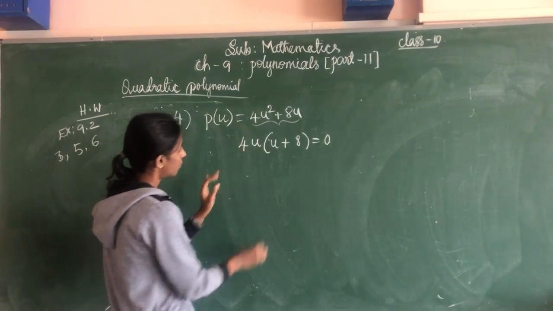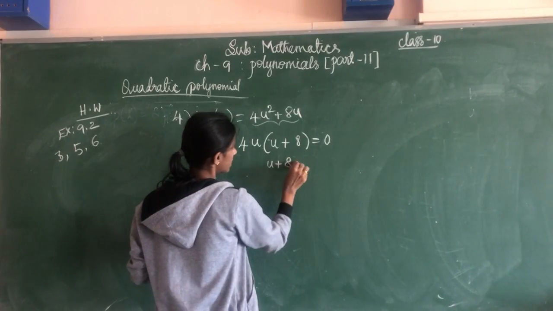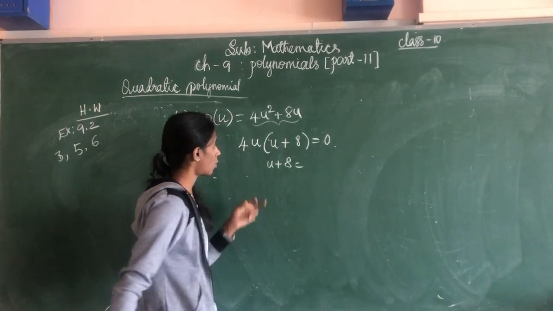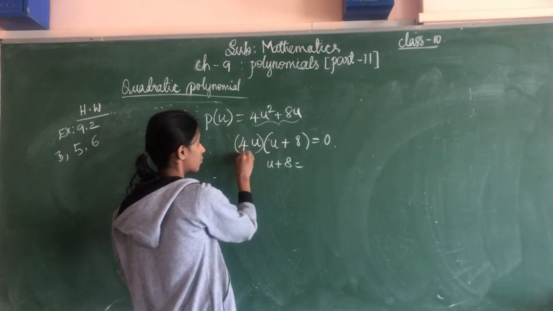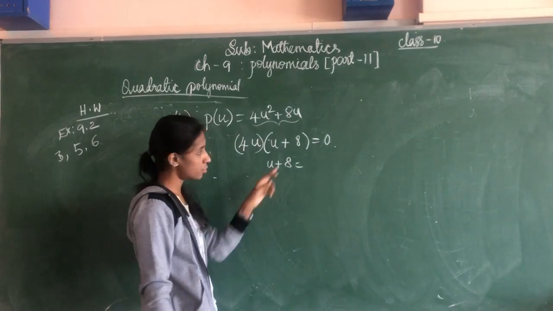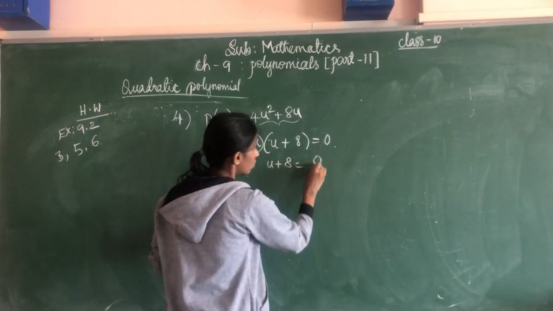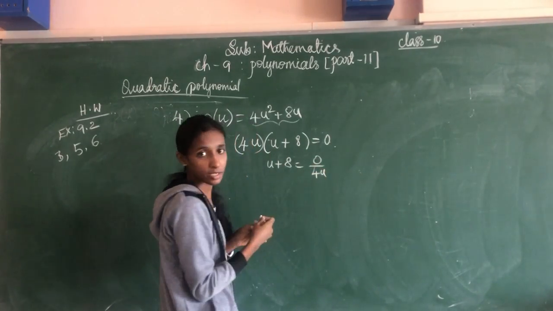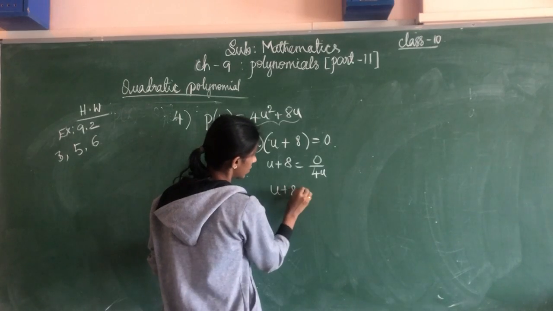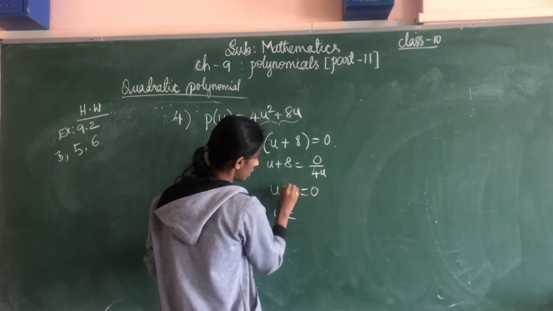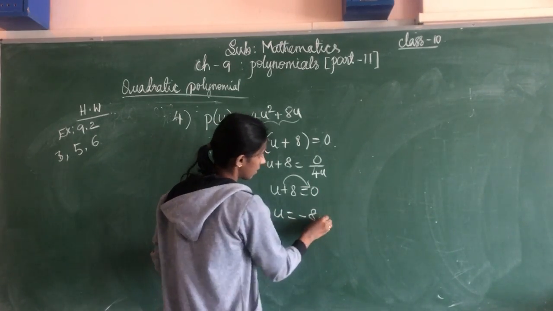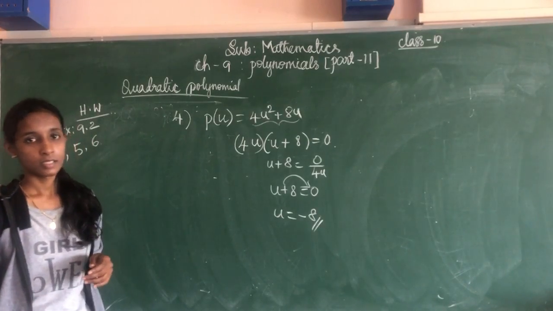Isn't it? So from this u plus 8 is equal to, if I take this to RHS, what happens? It is in multiplication form, right? If I take it, it comes to division form. 0 by 4u. That is 0 only. So u plus 8 is equal to 0. From this u is equal to minus 8.